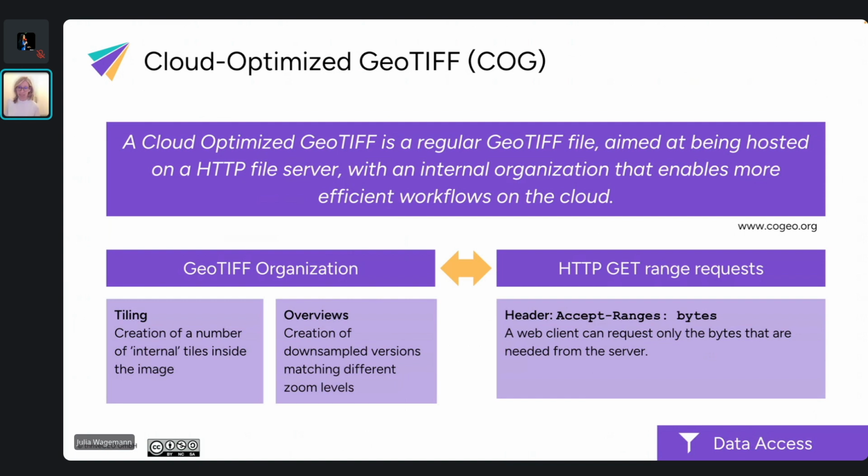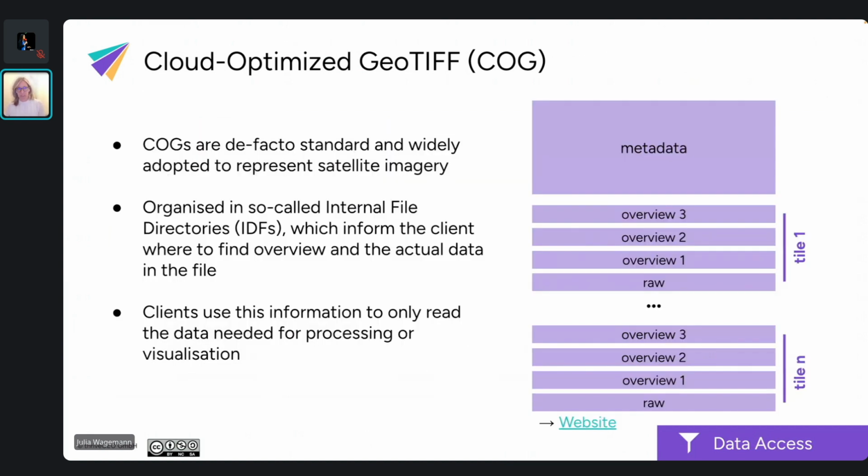And then there are HTTP GET range requests, which allow a web client to request only the bytes that are needed from the server. This is very important because it speeds up the workflow, because only the data that is needed is actually streamed.